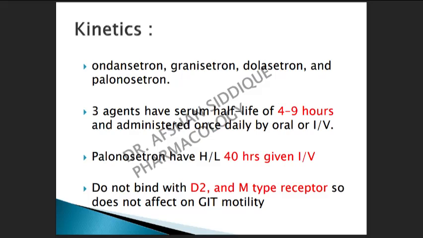So the total half-life of the 3 compounds which are listed in the first line, that is ondansetron, granisetron and dolasetron, is 4 to 9 hours, while palonosetron has a half-life of 40 hours when it is given IV.